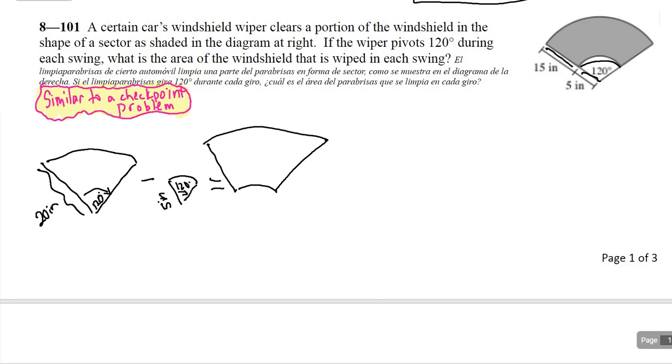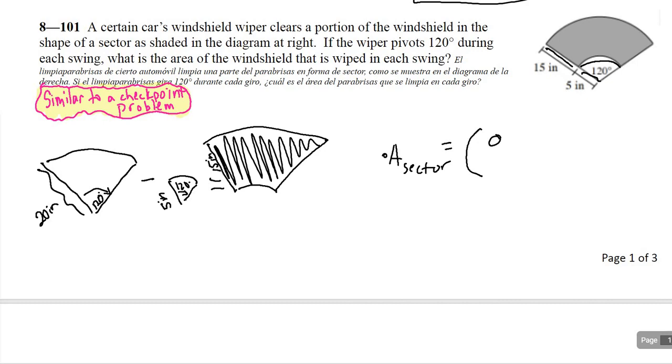Just this part up here. So recall that the area of a sector is equal to the central angle for the sector divided by 360 degrees. Take that and multiply it by the area of the whole circle, which is pi r squared.